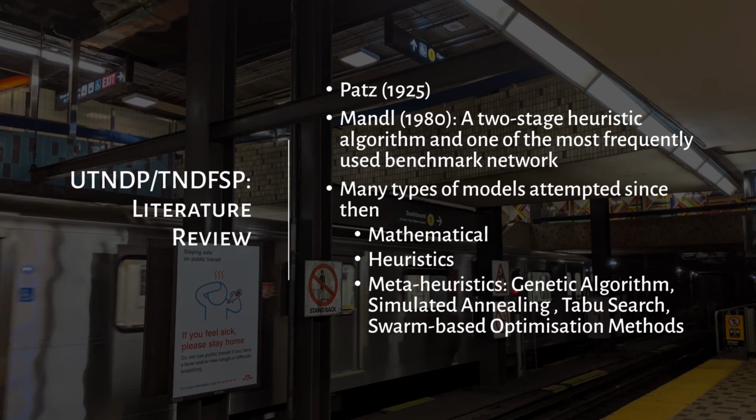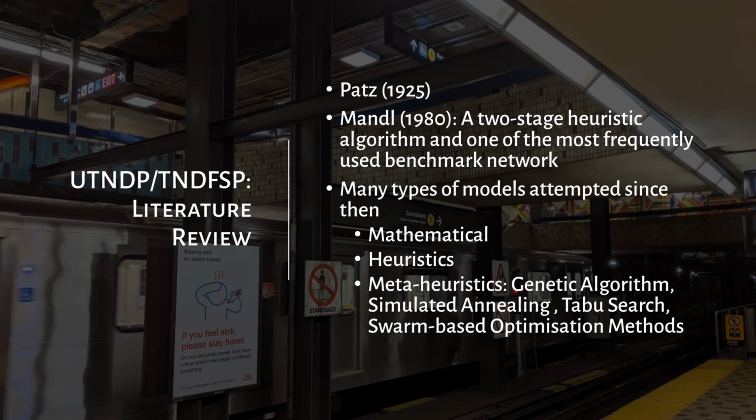Things like genetic algorithms, simulated annealing, tabu search, swarm-based optimization, bee colony, ant colony, etc. There has been a significant amount of literature on these algorithms. There are so many variations that you can ever imagine. You can also combine them together. Whatever version of it that you want, there's definitely someone in computer science that has already done it.